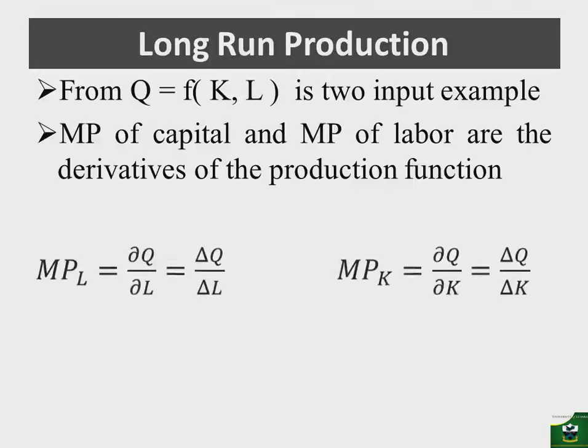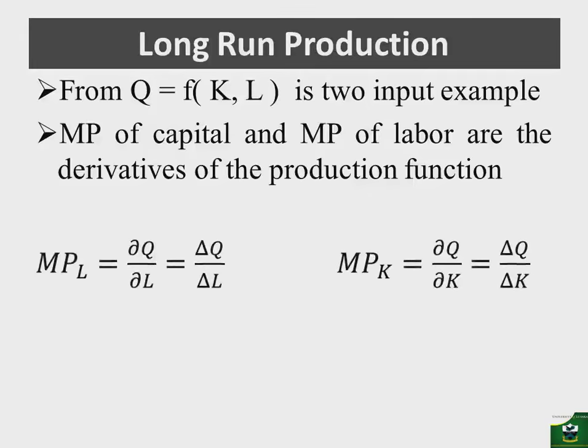With that, we can find the marginal product of labor as dQ/dL, meaning change in quantity brought about by the change in the labor. In the same way, we can get the marginal product of capital as the change in quantity divided by the change in capital.